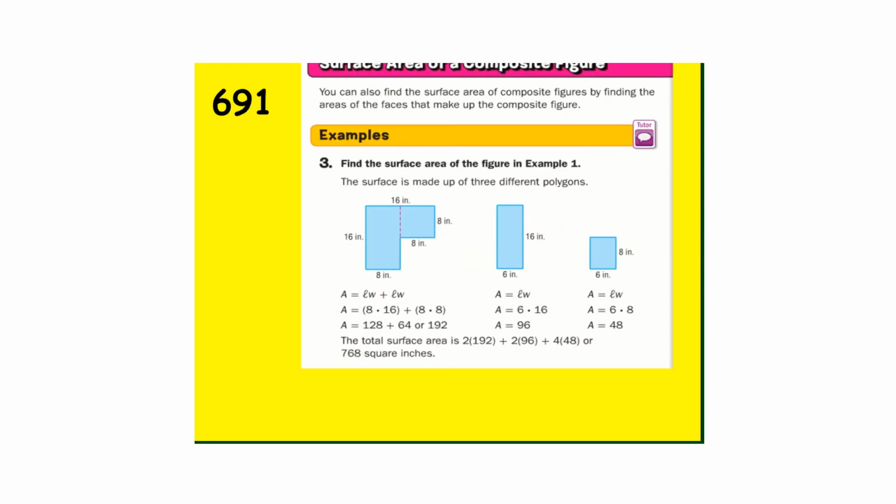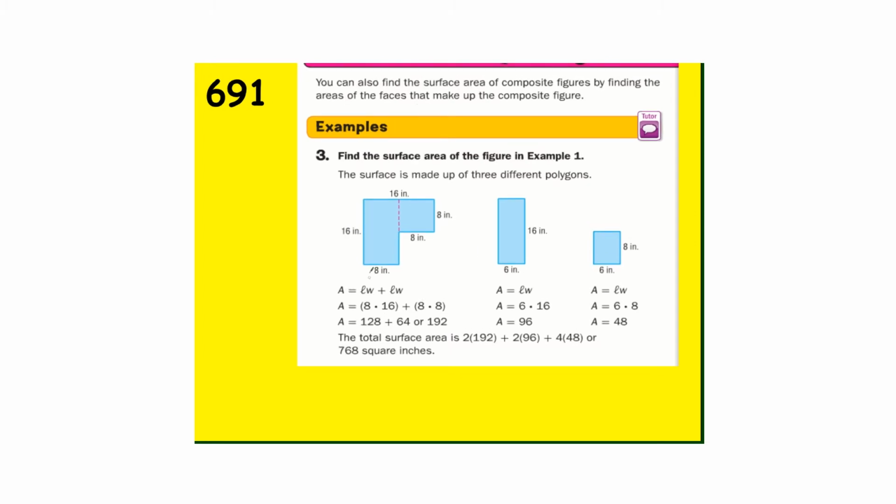And number 3, that same figure, they're figuring out the surface area. So this is just how they broke it up. 8 by 6, this piece here, plus 8 by 8 is 192. The 16 by the 6 is 96. 8 times 6, 48.